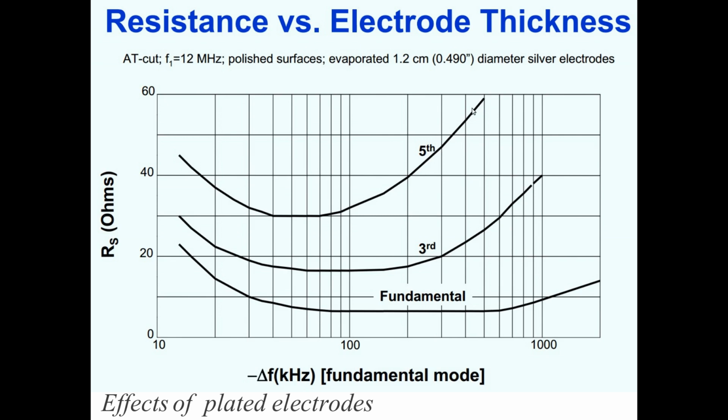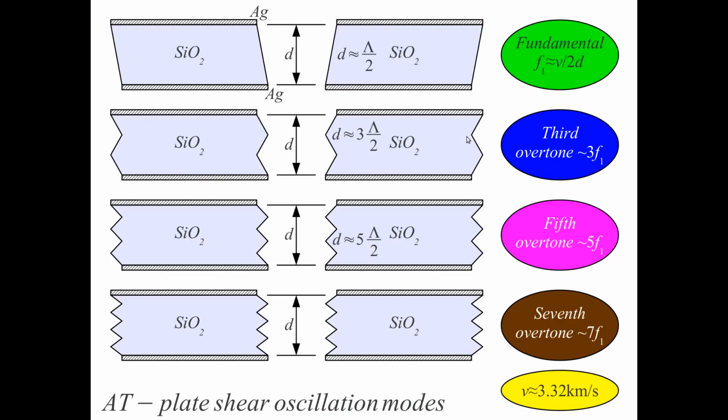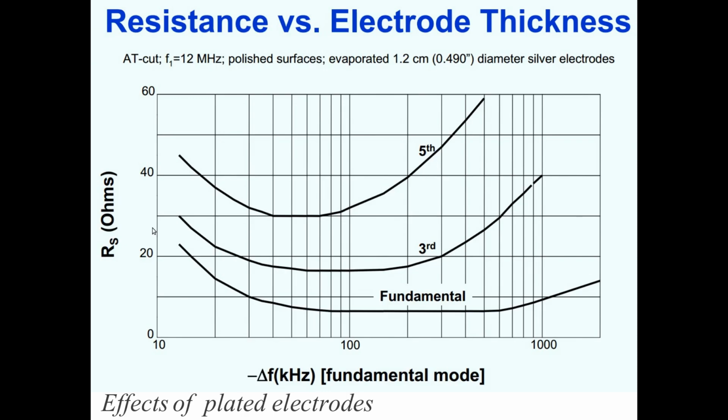The series resistance increases due to the mechanical losses inside the electrodes. So if the electrodes are very thick, they increase mechanical losses. Of course, with thicker electrodes, the fundamental mode also shifts downwards in frequency. If we are loading the quartz crystal with metal electrodes, then its resonant frequency shifts downwards.